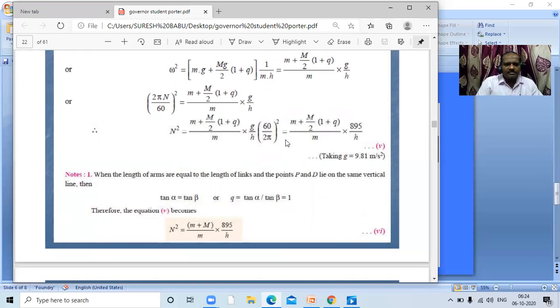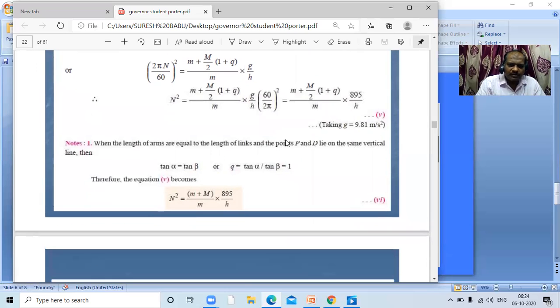So this is the first relation we found between the speed and the parameters of the Porter governor.